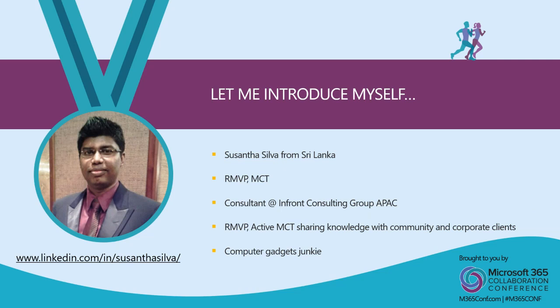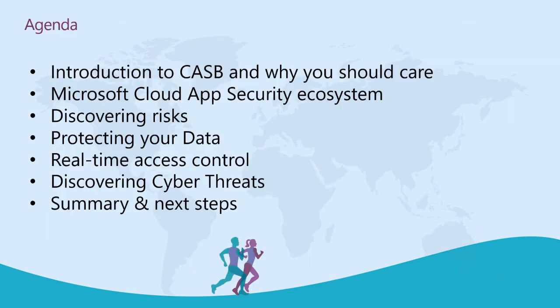That's my bad habit. So coming back to the agenda, first of all I'm going to talk about CASB and why you should care about the CASB solution. Then we go into the Microsoft Cloud App Security ecosystem, which is the Microsoft version of the CASB.